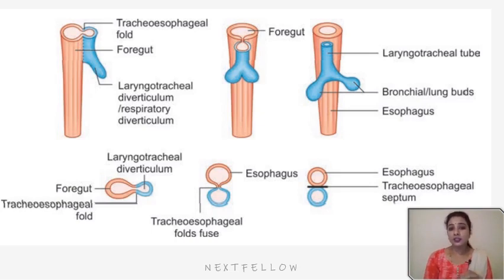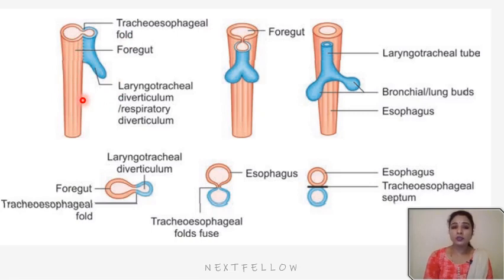The tracheoesophageal septum divides the foregut into a ventral portion, the laryngotracheal tube, which is shown in blue color here, and the dorsal portion, the primordium of oropharynx and esophagus, which forms the oropharynx and esophagus in adults.